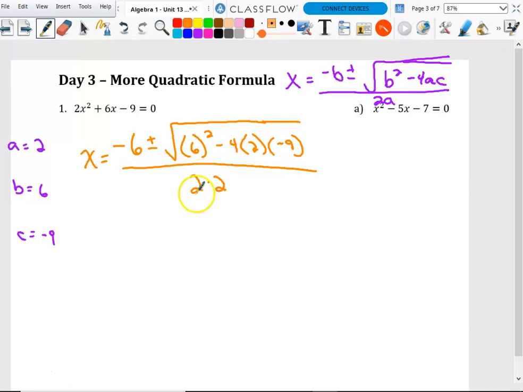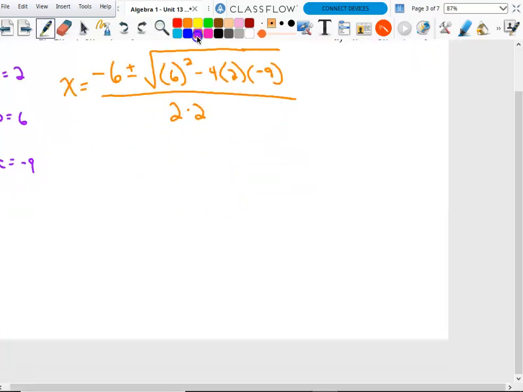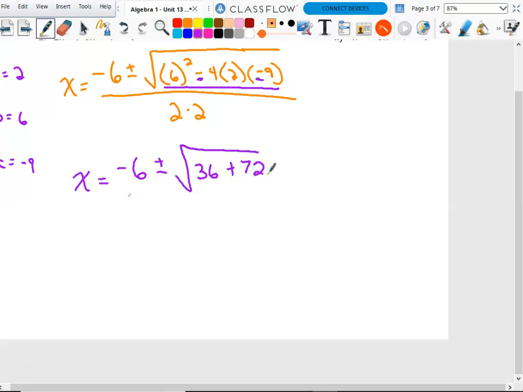So 2 from the formula, and then the a was also 2. x equals... Start grinding now. Negative 6 plus or minus the square root of... I'm going to do all of this before I do any square rooting. 36 plus negative 72, all over 4.